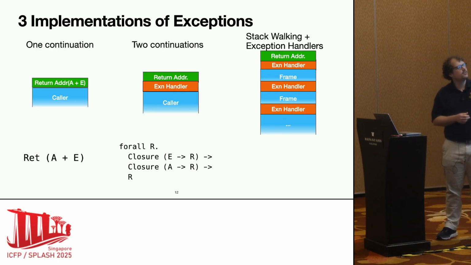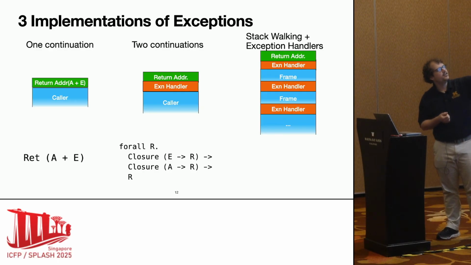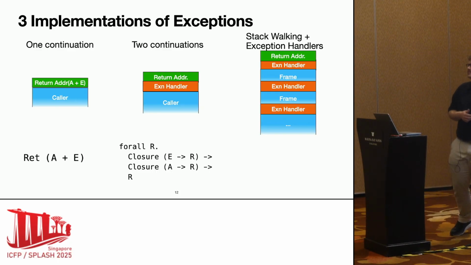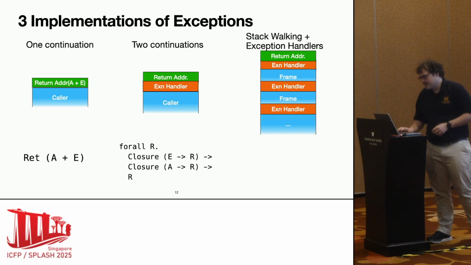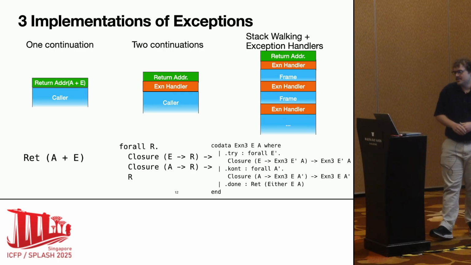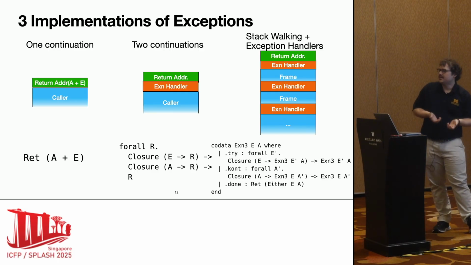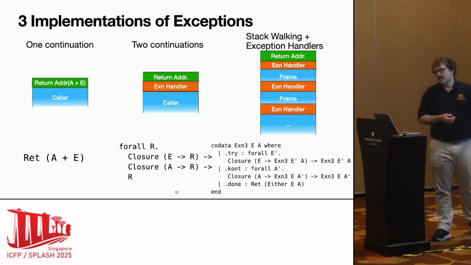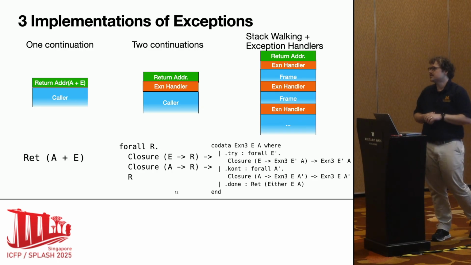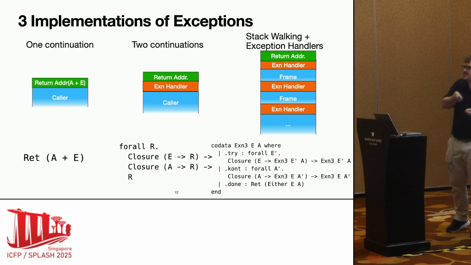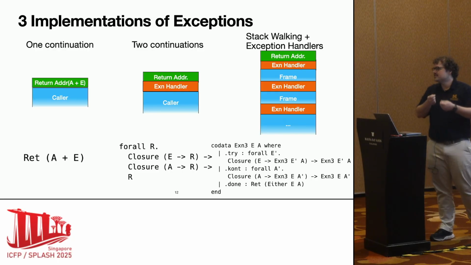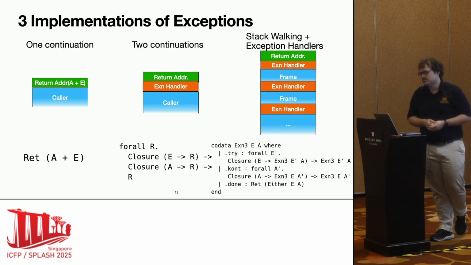So we take in two continuations, and here the important part is that this R that we're quantifying over is itself actually one of these computation types and not a value type. And it's a bit hard to read, but we can use the recursive code data types to express these complex stack structures, and you can actually implement the stack walking and finding the correct exception handler just as a normal recursive stack manipulating function.